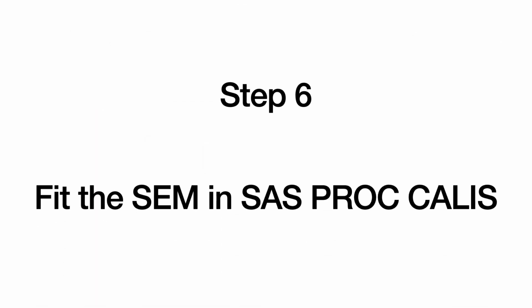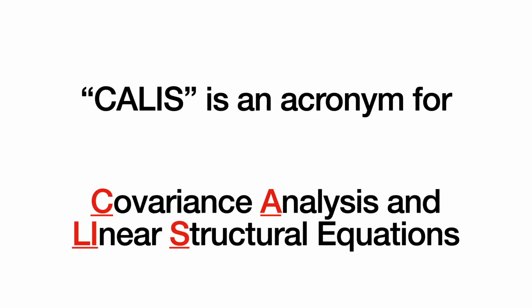And finally, step 6. Let's take what we've put together so far, this information that we've collected, and let's fit the SEM for this confirmatory factor analysis using SAS PROC CALIS. Now, CALIS is an acronym for covariance analysis and linear structural equations.